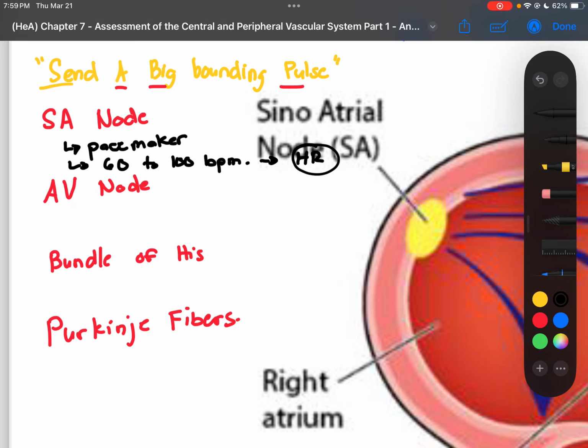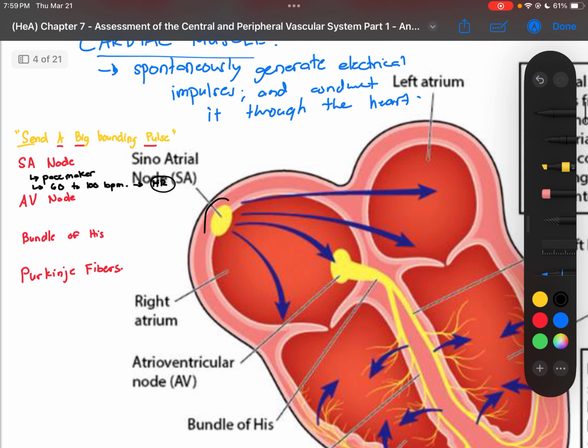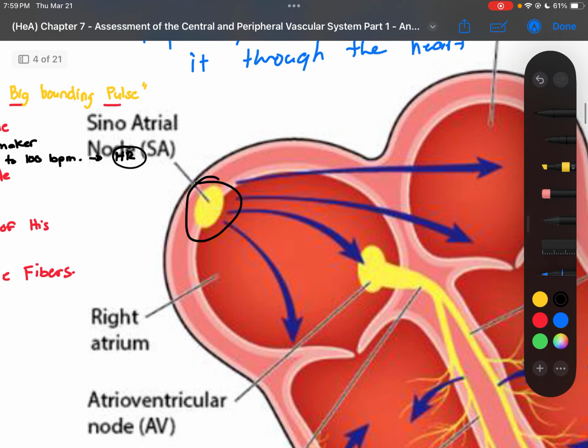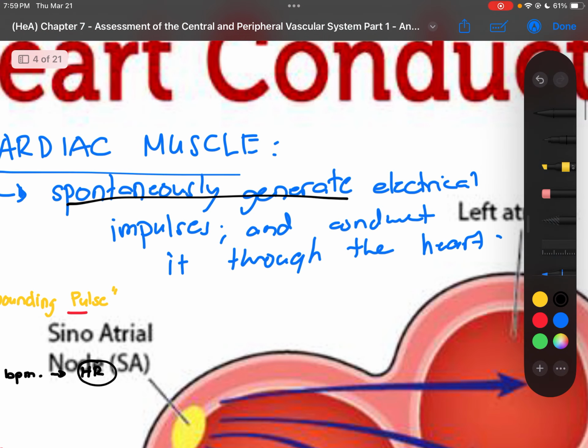So let's start with a discussion. This is our SA node, the one in black. Take a look, that is your SA node. As I've said, it has the ability to spontaneously generate electrical impulses.